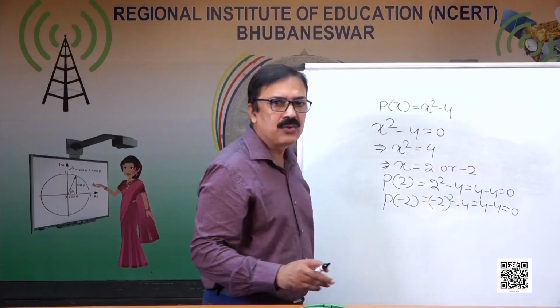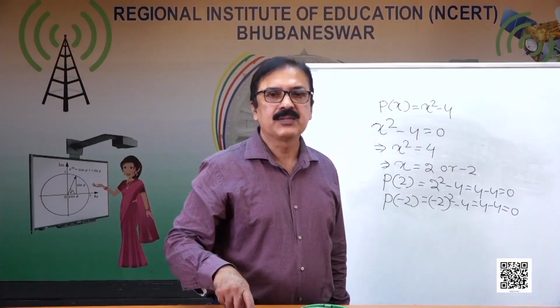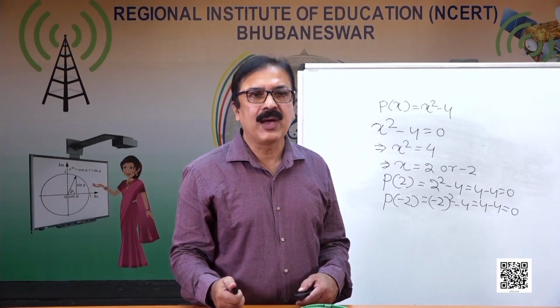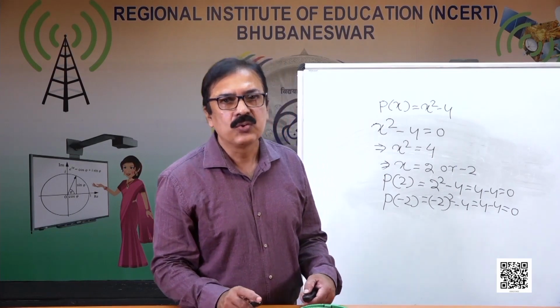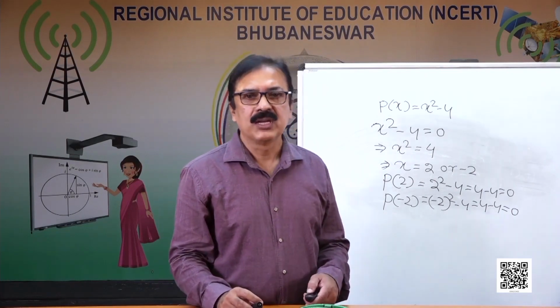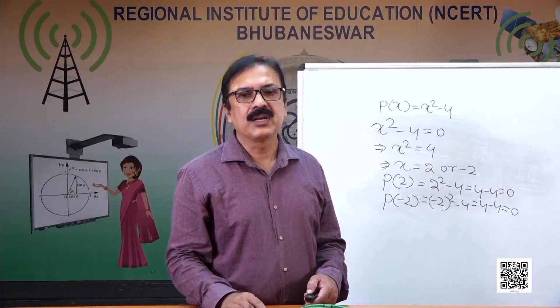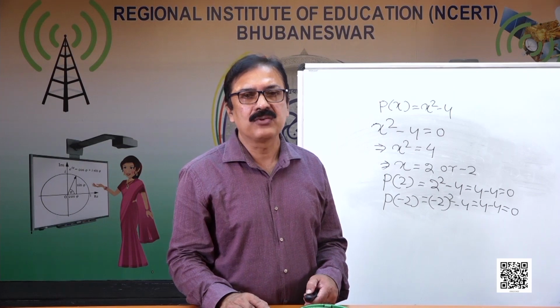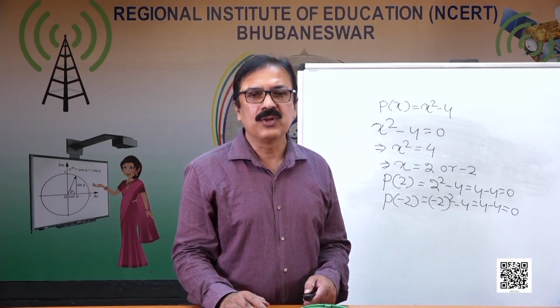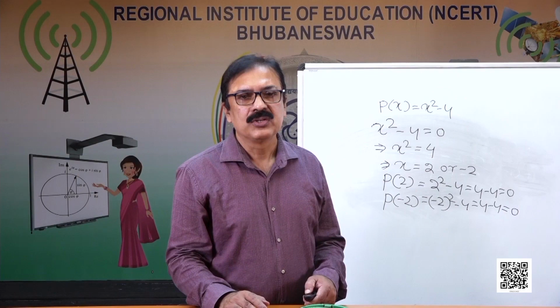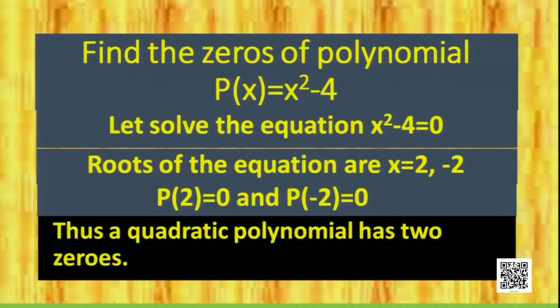This clearly shows that this polynomial x square minus 4 has two real zeros, and the equation x square minus 4 equal to 0 has two equal roots. So we can say that by taking two examples, we saw that a quadratic polynomial has two zeros.